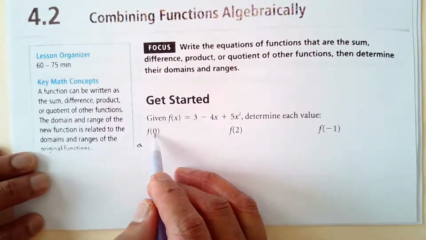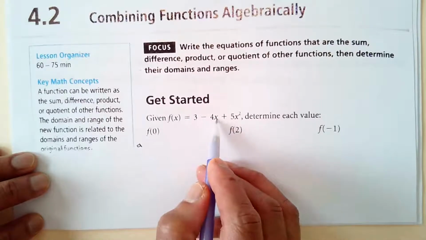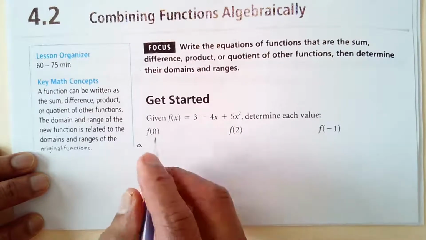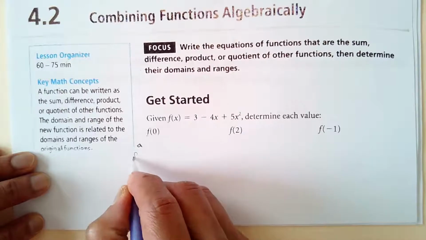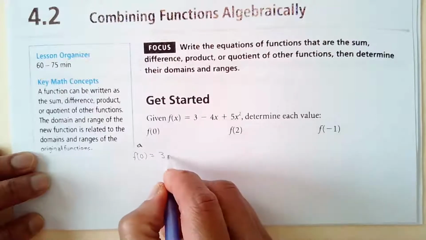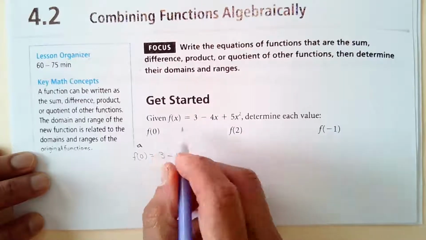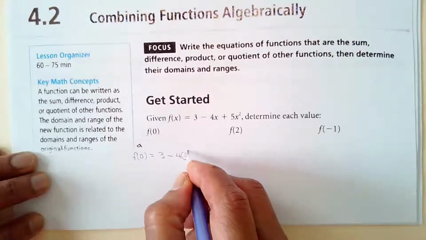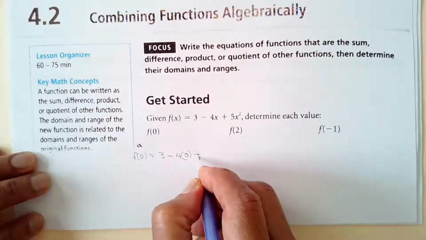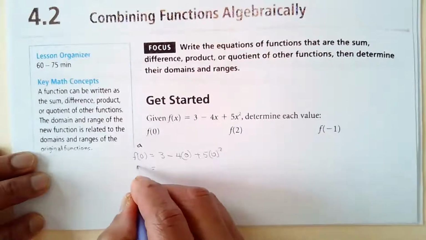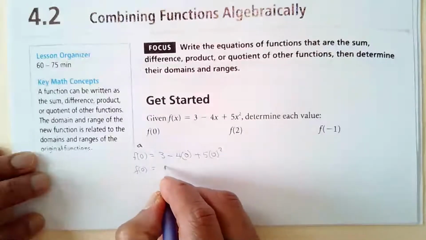So I substitute 0 into my given function to find f of 0. So f of 0 is equal to 3 minus 4 times 0 plus 5 times 0 to the power 2. So f of 0 is 3.